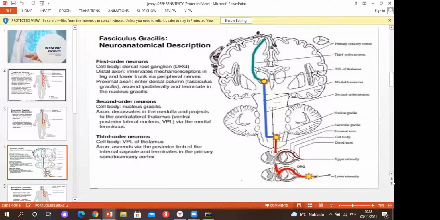The third order neuron is in the VPL of the thalamus, which stands for ventral posterolateral nucleus of the thalamus. Its axon extends via the posterior limb of the internal capsule, and then it terminates in the primary somatosensory cortex.